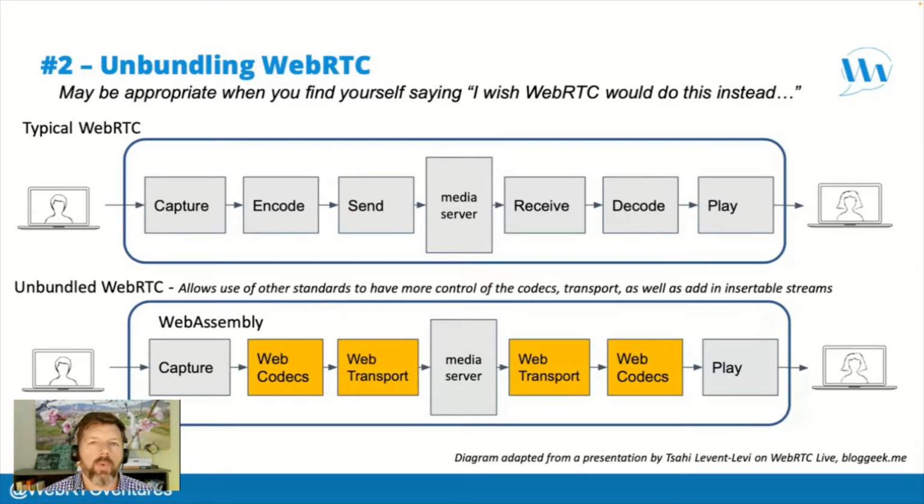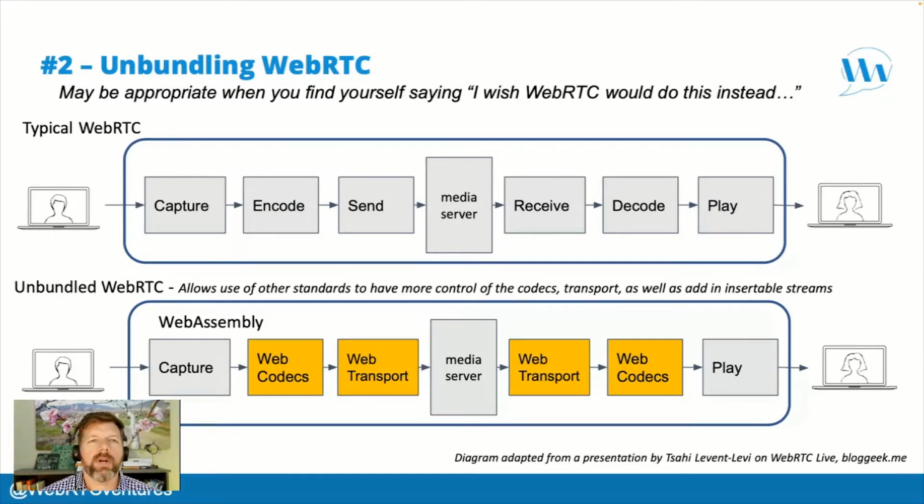Now, if you want more control over that pipeline, say something about your use case, maybe you want to do your own encoding and decoding mechanism, or about the transport to handle, how do you balance, say, latency versus quality in the call, and you want to handle those trade-offs yourself and do something more unique to your use case that really allows you to differentiate your product from something that anybody else is doing.